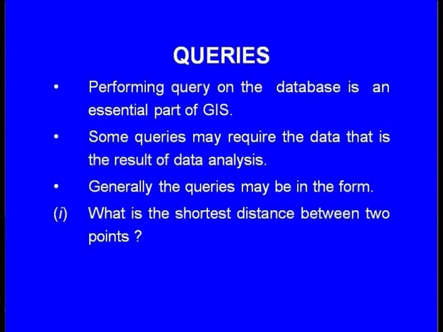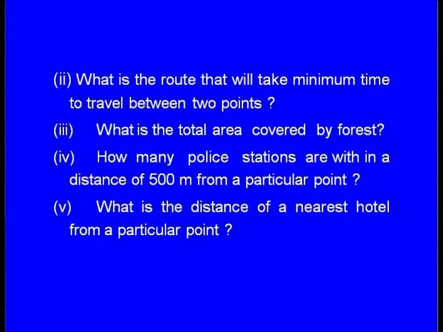Generally, the query can be in the form of: what is the shortest distance between 2 points, or what is the route that will take minimum time to travel between 2 points, or what is the total area covered by a forest, or how many police stations are within a distance of 500 meters from a particular point, or it could be what is the distance of the nearest hotel from a particular point, maybe an airport or a railway station.